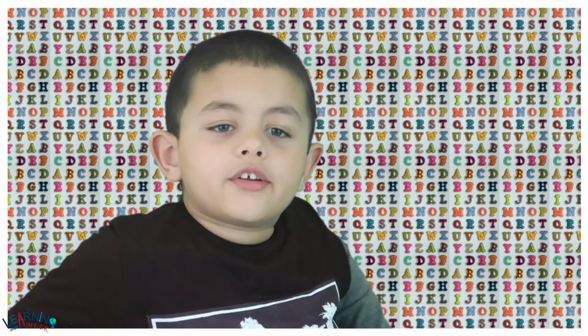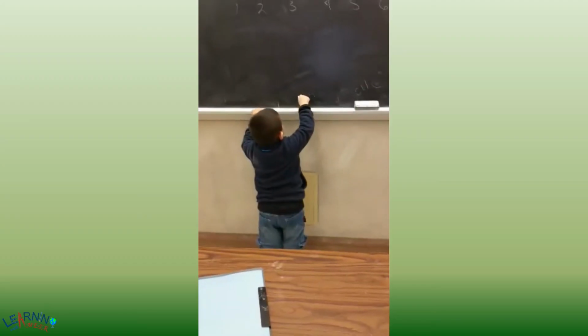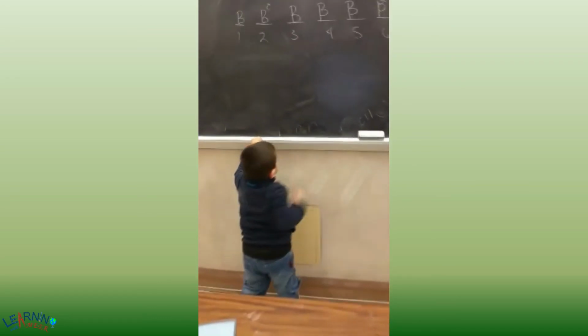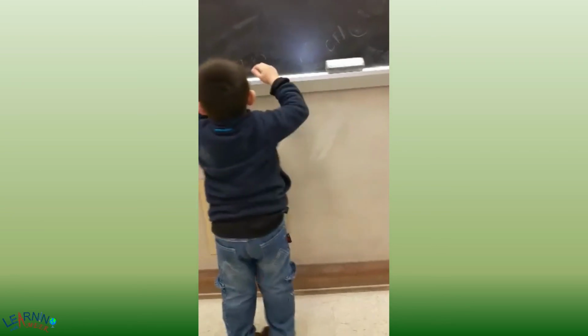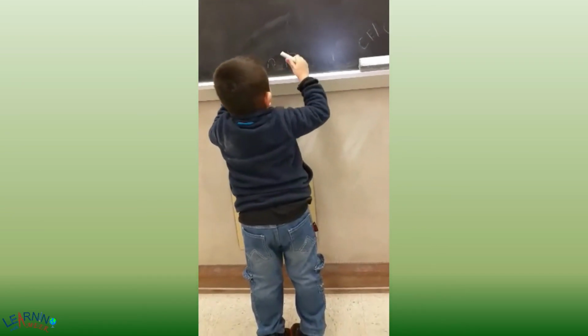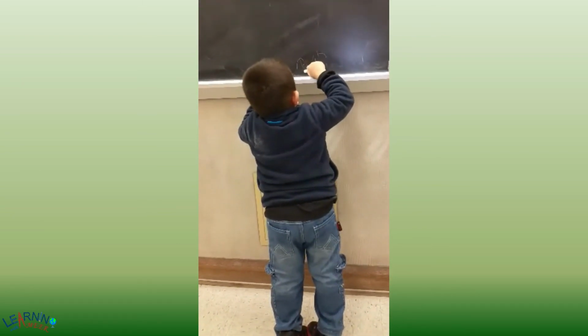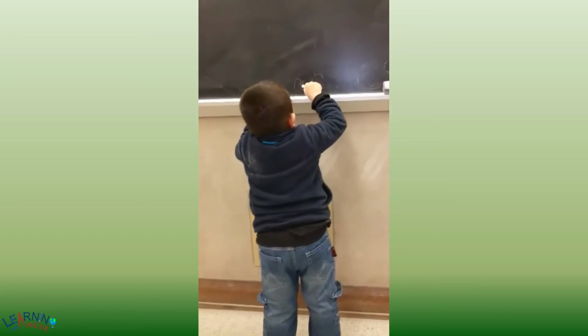I had learned alphabets by the age of 2 and had started writing them. Now write one from this one. Okay, write A, B, C, D. Oh, let me see this one. Let me see it.